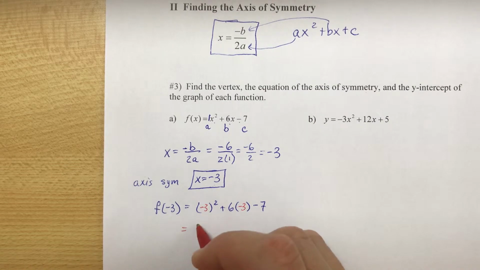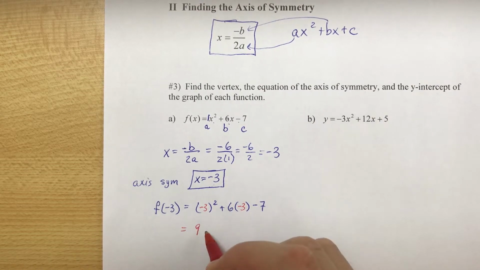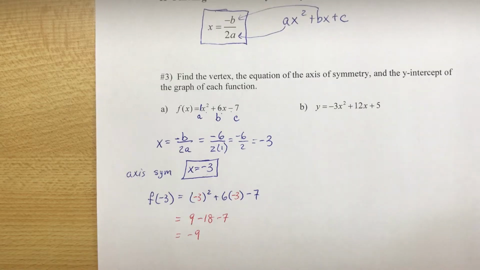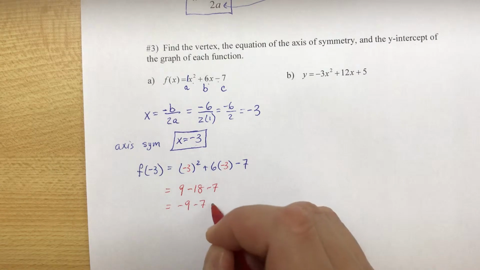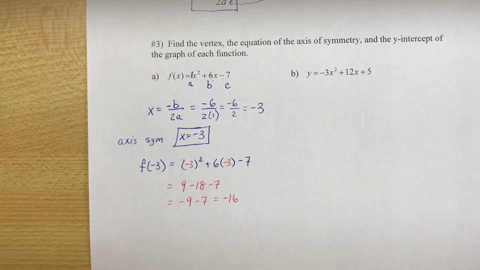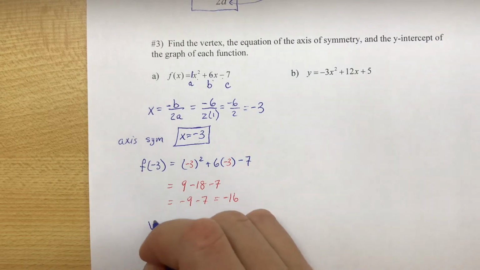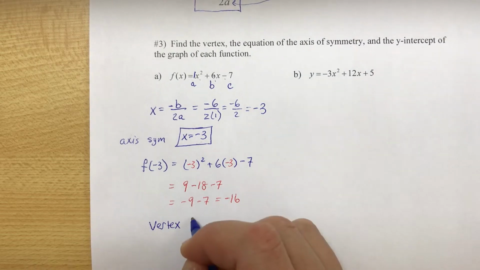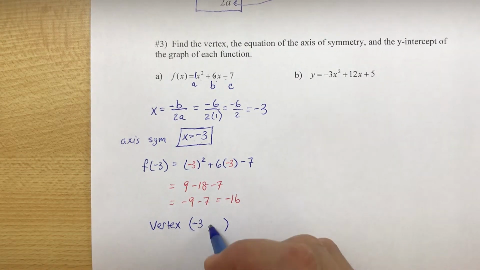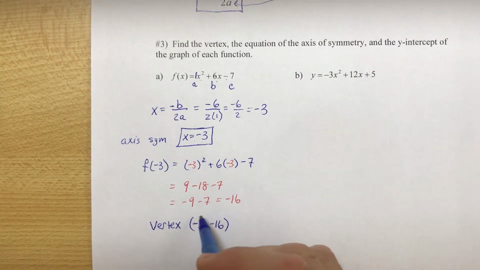So that would be +9 minus 18 minus 7. 9 minus 18 is -9. Subtract 7, and you get -16. So the vertex is a point, so it has to be x comma y. The x value is -3, and the y value is -16.